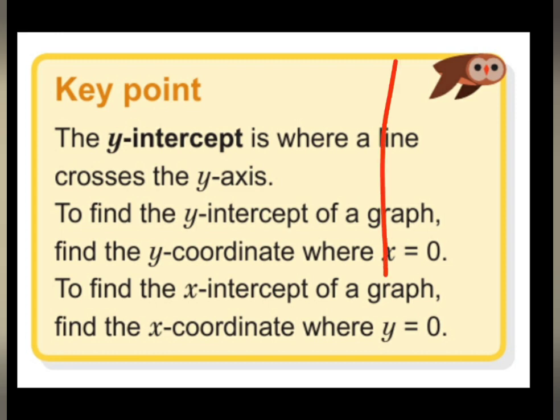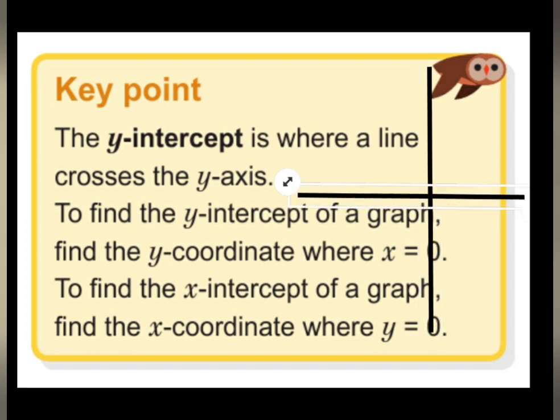So if you have two axes like these, wait, let me show you. Okay. If you have two axes like this, one of them is here, one of them is here. This one is the y-axis, and the other one is the x-axis.